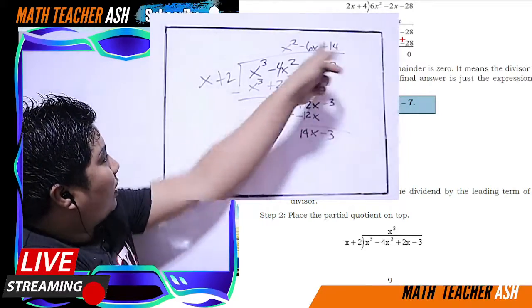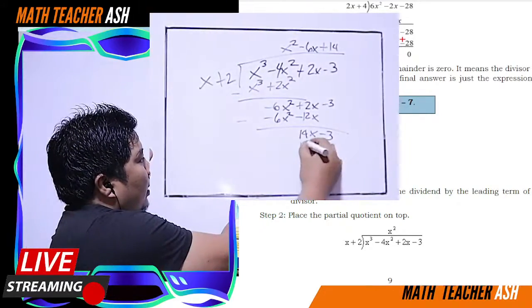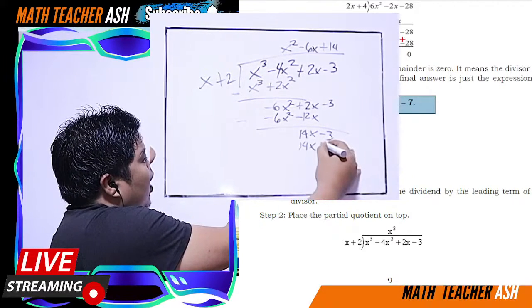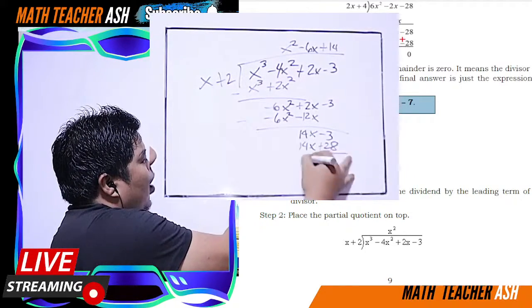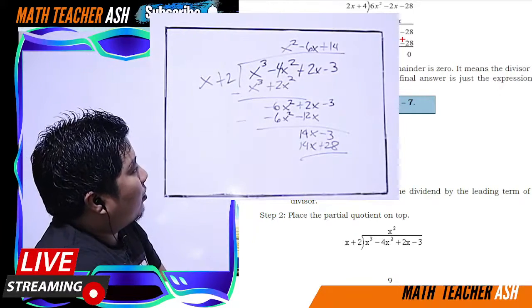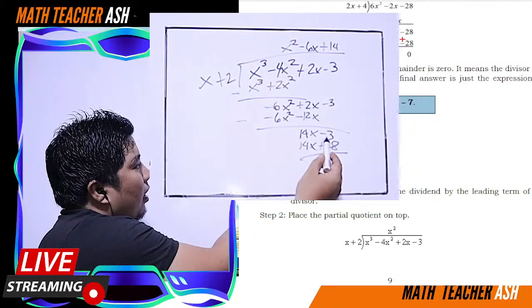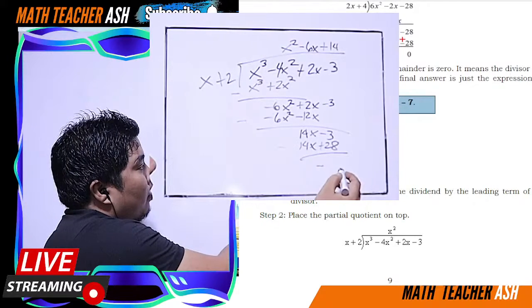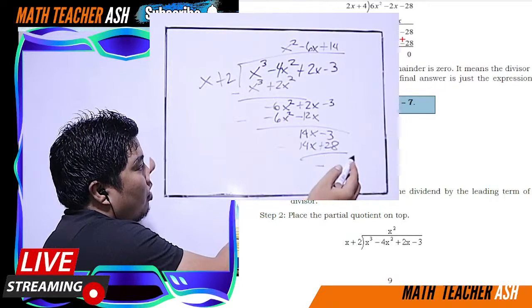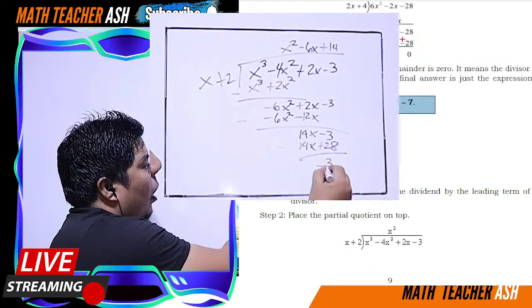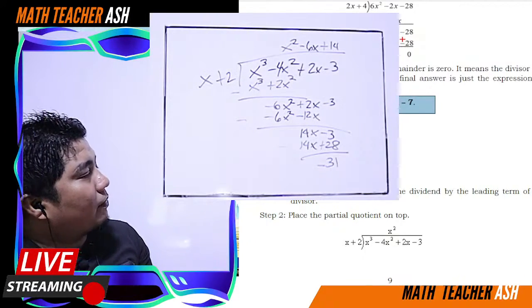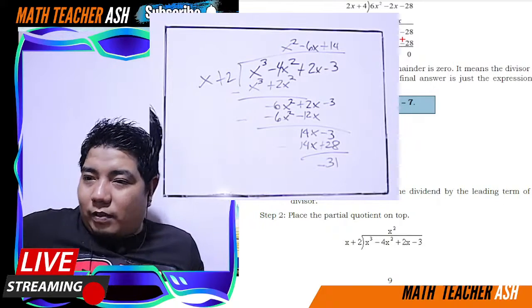So, 14 times x, that is 14x. 14 times positive 2, that is positive 28. So, meron tayong remainder ngayon. So, negative 3 minus 28, the answer is negative 31. Yan. So, x squared minus 6x plus 14, remainder negative 31.